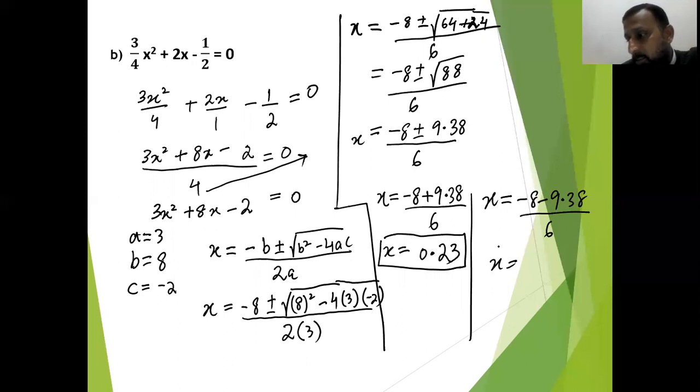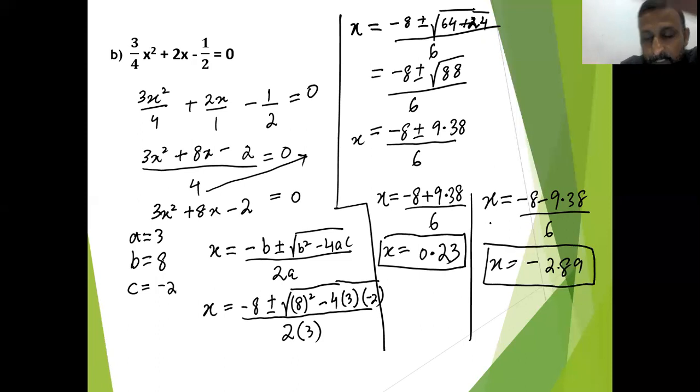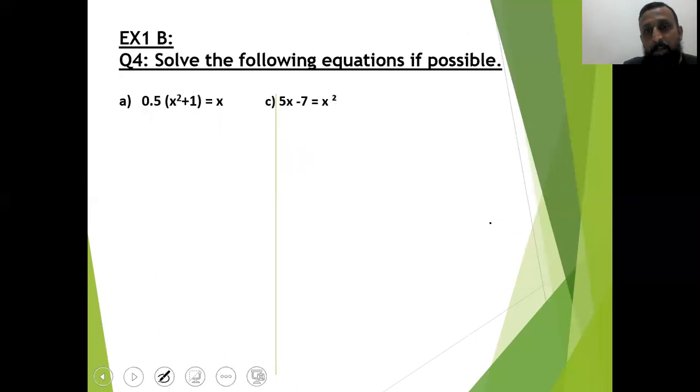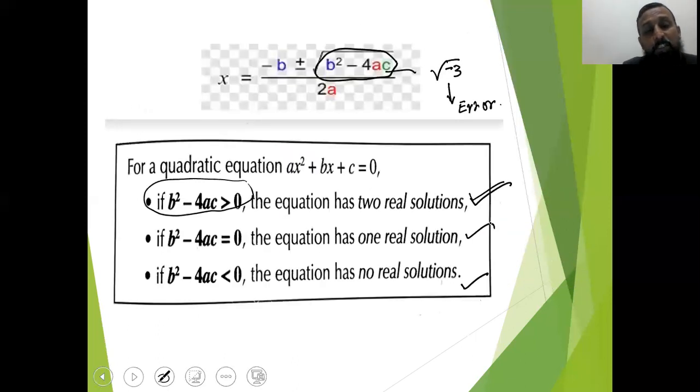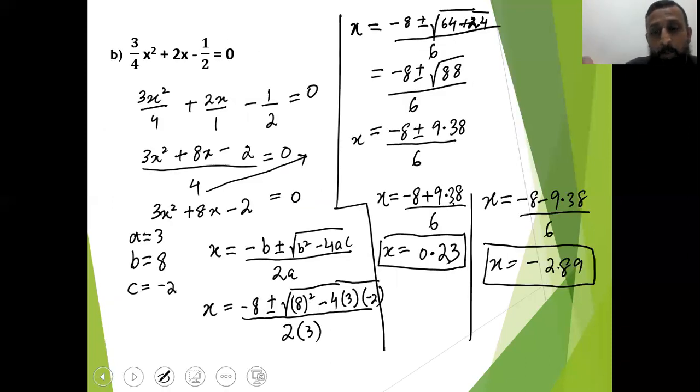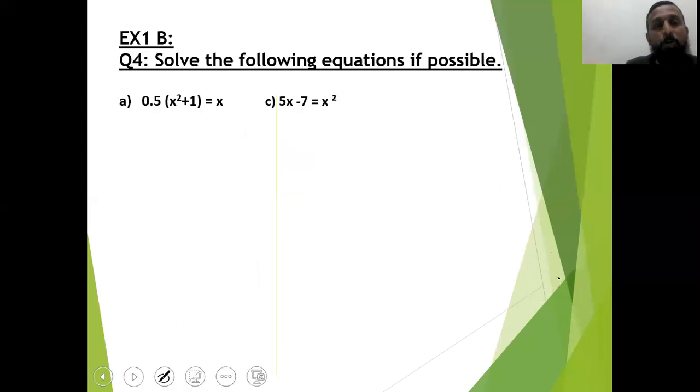You get the result as minus 2.89. So, boys and girls, this is the first case which we studied earlier, that if the result b square minus 4ac is greater than 0, then we get two real solutions, right? So we have two answers and two solutions. That's the first case.